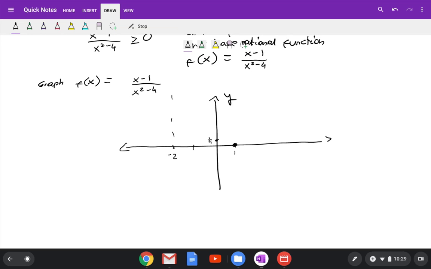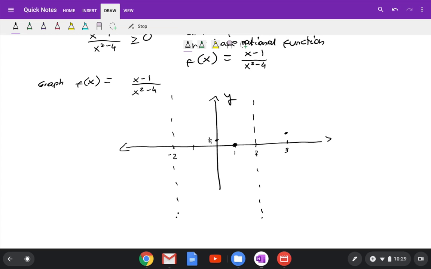We have a vertical asymptote, and when x is equal to 2, we also have a vertical asymptote. A vertical asymptote means the graph approaches a vertical line, but it will never intersect. And there's one extra point, 3, 4 over 10, which will be 2 over 5. We have a point right here.